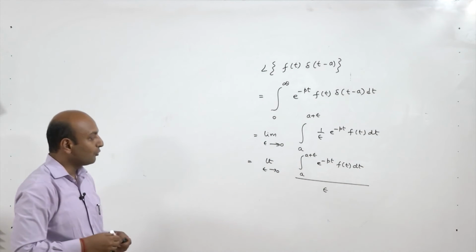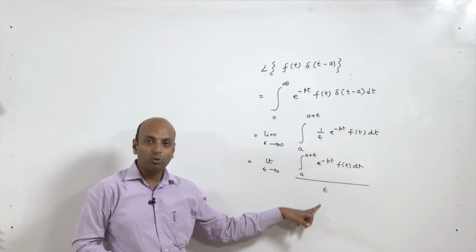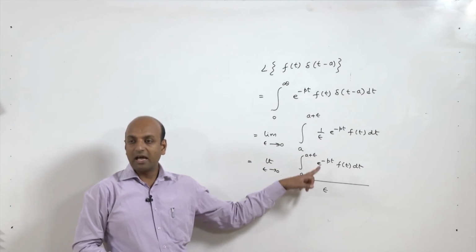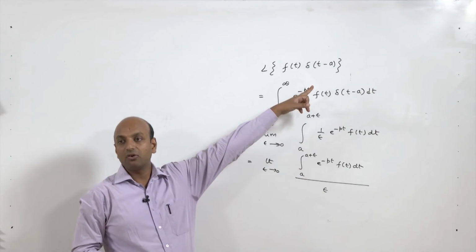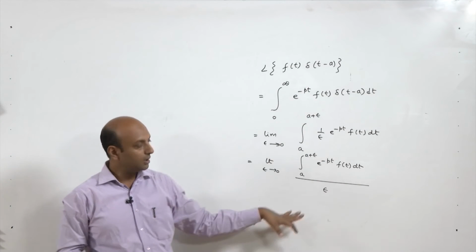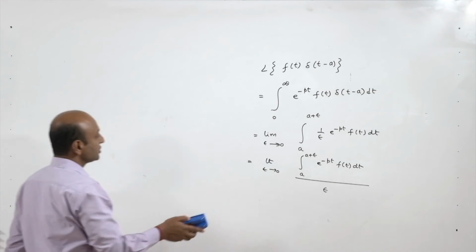So, it will always become 0 by 0 form. So, you apply L'Hospital rule to simplify this expression, and then you can get the Laplace transform of f(t) into Dirac delta at t equal to a.